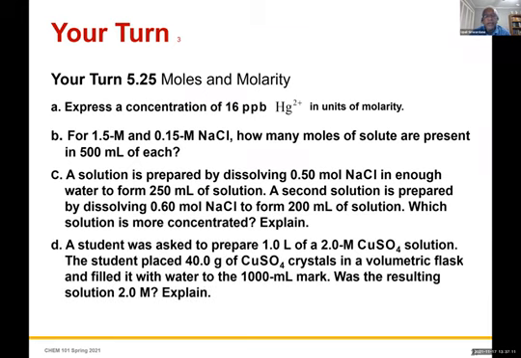We also are going to look at the example of copper sulfate solution, whether what a student prepared was 1 molar or 2 molar copper sulfate solution. So we're going to look into that in a little more detail.